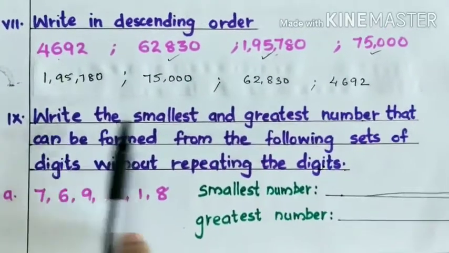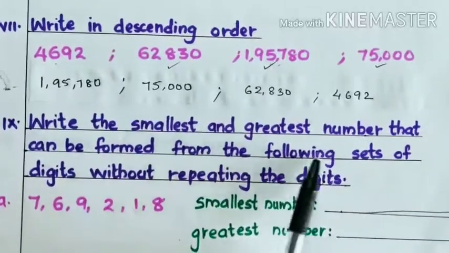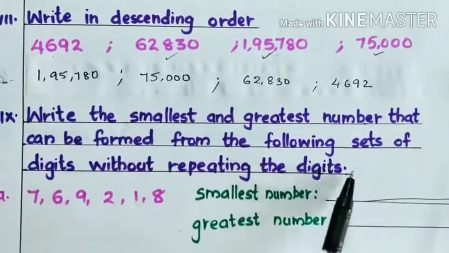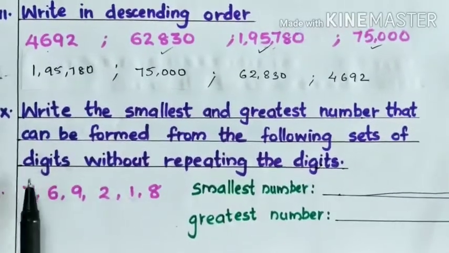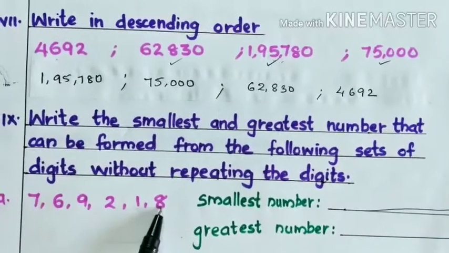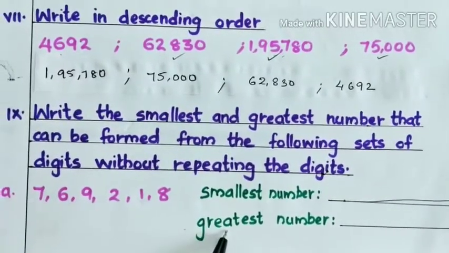Next question. Write the smallest and greatest number that can be formed from the following sets of digits without repeating the digits. 6 digits are given here. We have to make the smallest number and the greatest number.